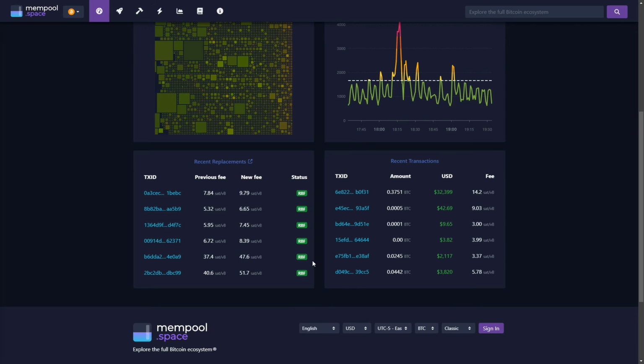So let's say it's been a few days and you want that transaction to be confirmed. You can actually replace the fee. Meaning that if you put a low fee, you can replace it with a high fee so that it can be confirmed faster.